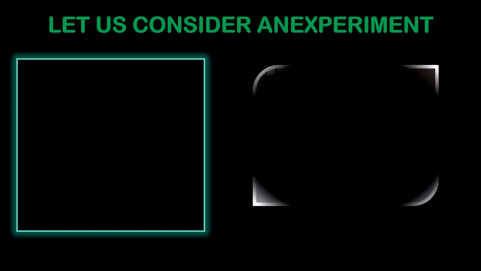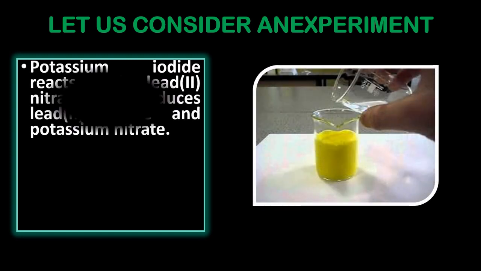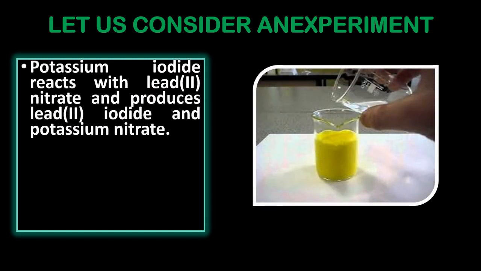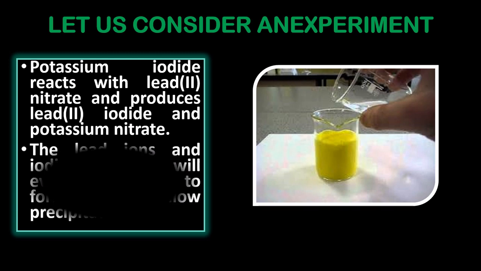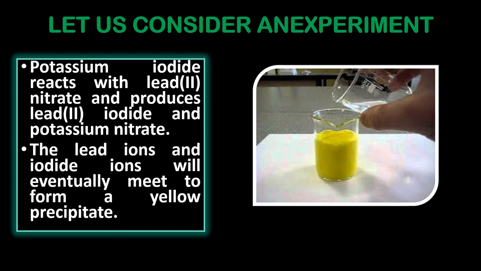In this experiment, we observe that potassium iodide reacts with lead nitrate and produces lead iodide and potassium nitrate. The lead ions and iodide ions eventually meet to form a yellow precipitate.